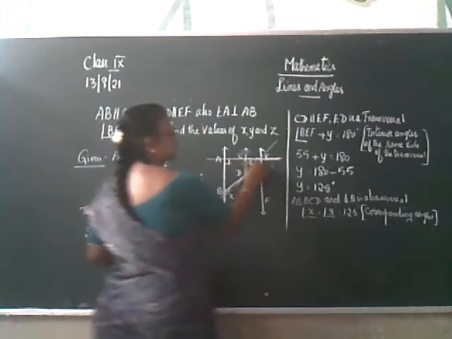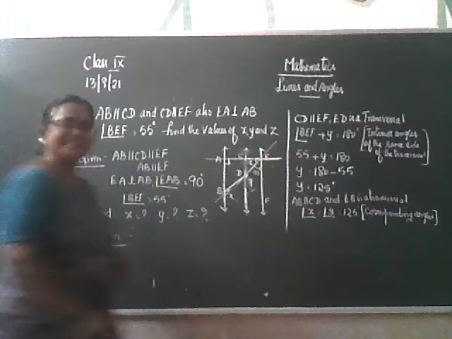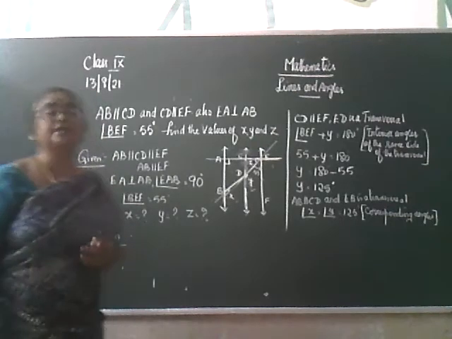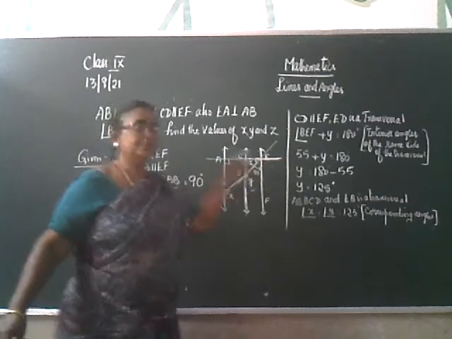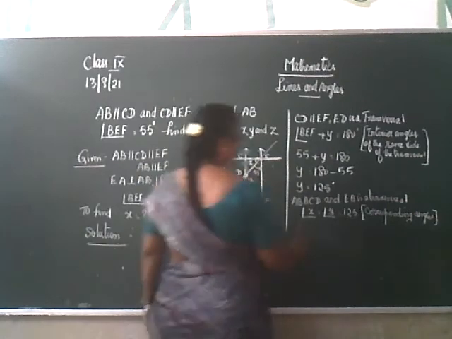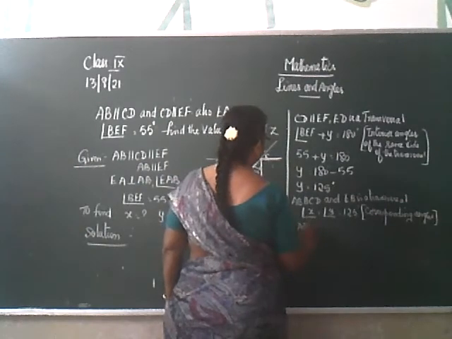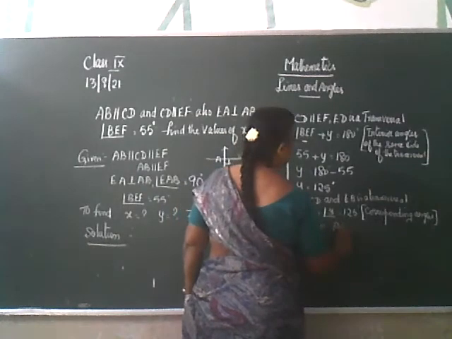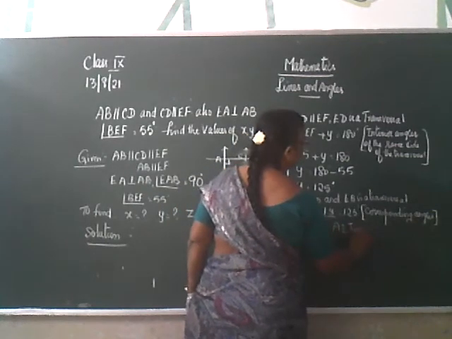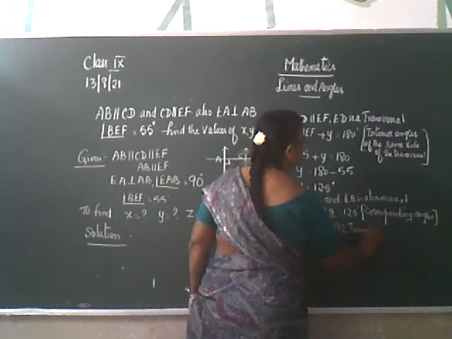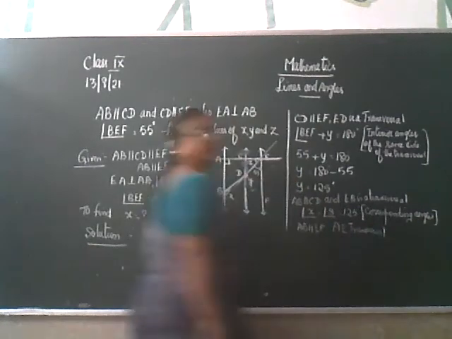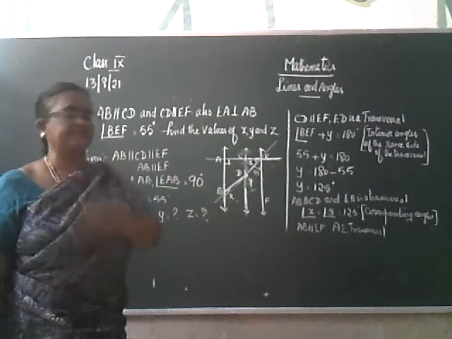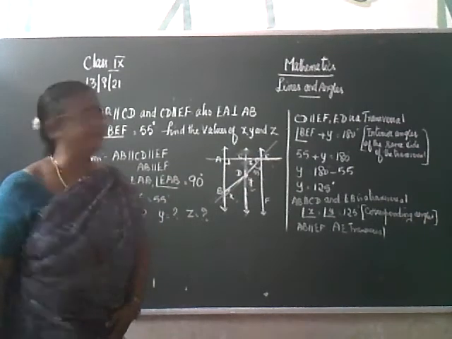What about these two angles? Yes, interior angles on the same side of the transversal. So if AE is the transversal, then I can say interior angle on the same side of the transversal is 180 degree.